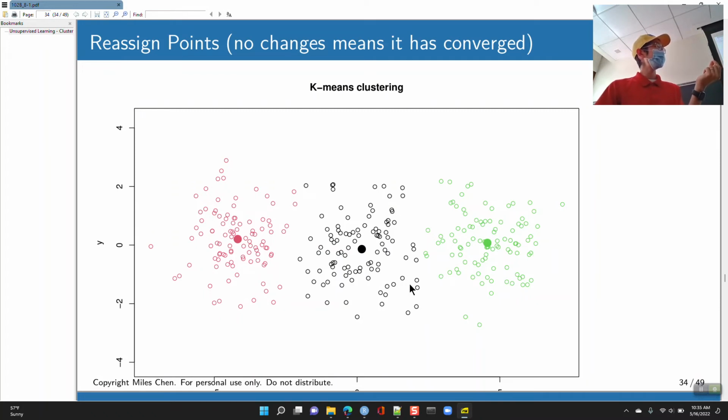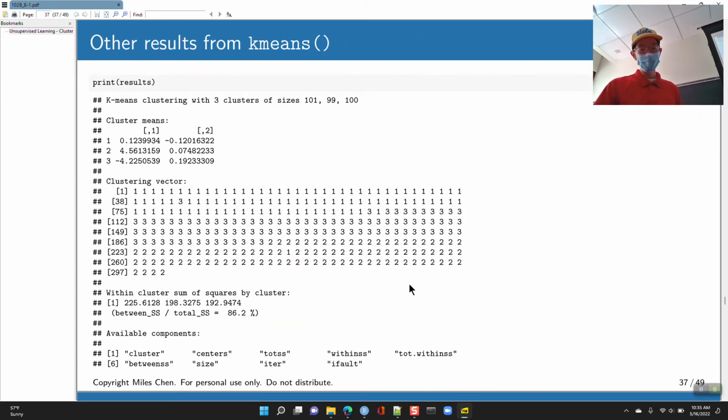And you say, what is the sum of squared distances from that one? So the total sum of squares is just what would the distances be to just one centroid for all the data, versus what are the distances to the centroids for each of the different clusters.